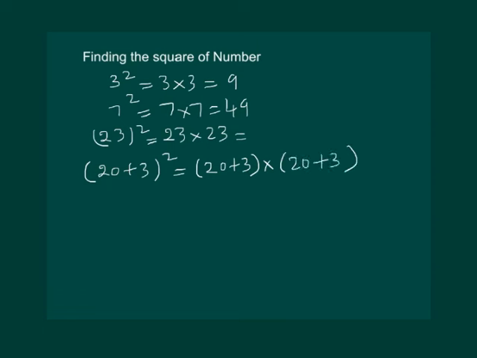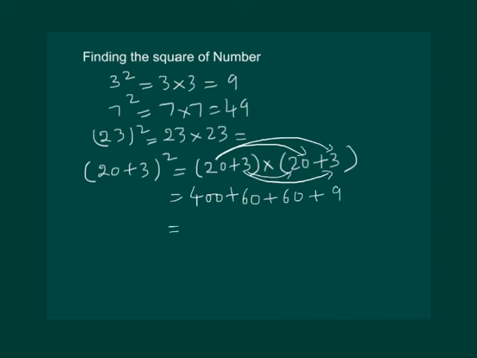Now we can open the brackets by multiplying 20 with 20 and then 20 with 3. That will give us 400 plus 60 and then 3 with 20 and 3 with 3 will give us 60 plus 9, and on adding we get 529. Hence we can find the square without actual multiplication.